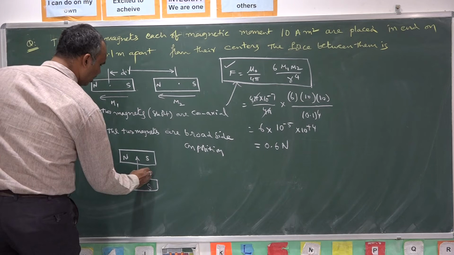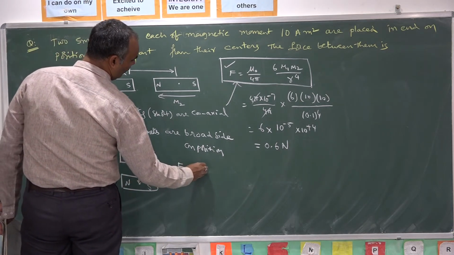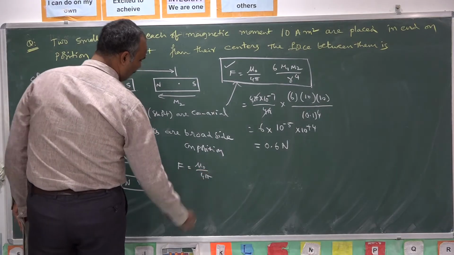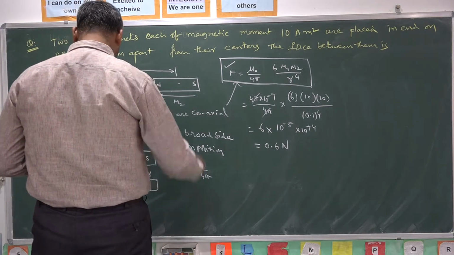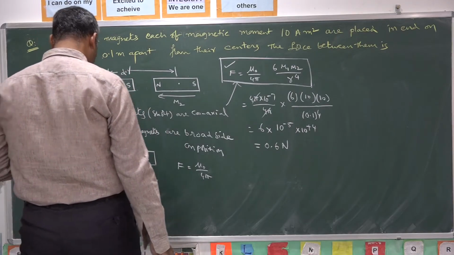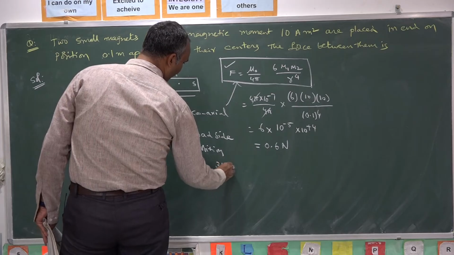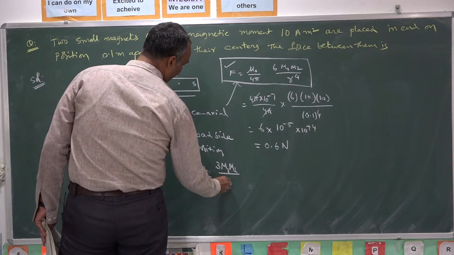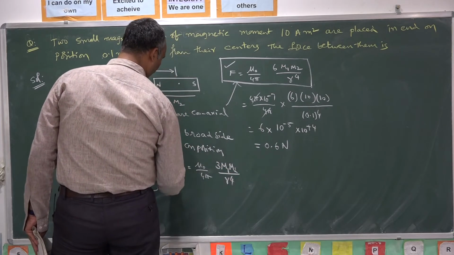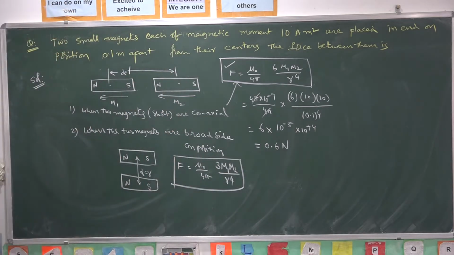D or R, anything you can take. Then the force between them is given by mu naught by 4 pi into 3 M1 M2 by d power 4 or r power 4. These two points you should remember from this problem.